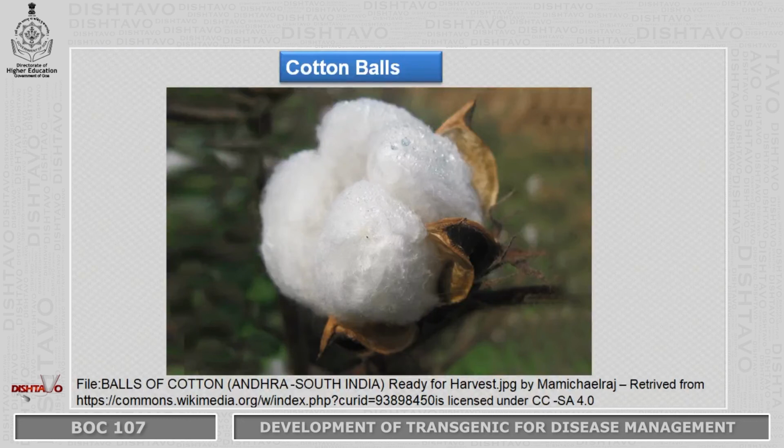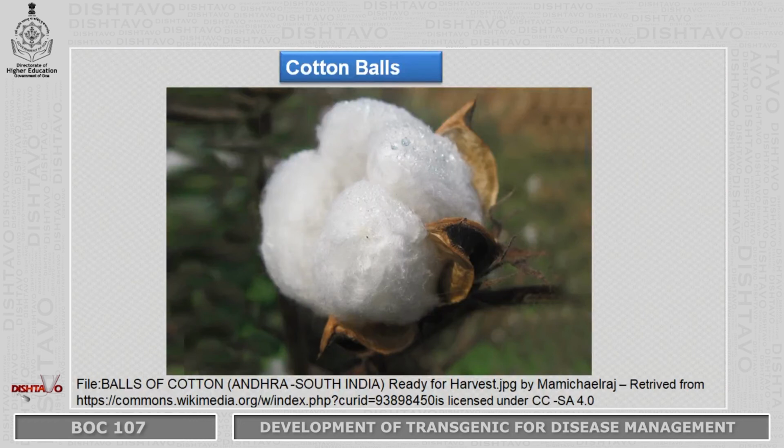Now, this gene was able to produce an insecticidal protein, which was in crystal form. Now, the insect which was attacking this plant was the bollworm. This insect was attacking the young part, the floral buds of this plant, which was causing premature opening.